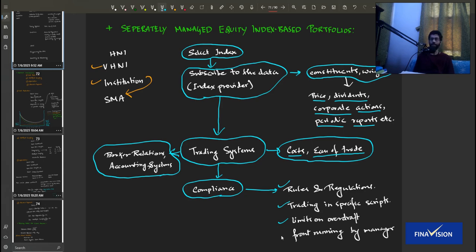Then conflicting activities like front running by the manager also need to be avoided. There has to be accountability for all these factors. These are some of the factors but not exhaustive. So because of all these reasons, compliance mechanisms are also required. All these things put together comprise this separately managed portfolio management system.